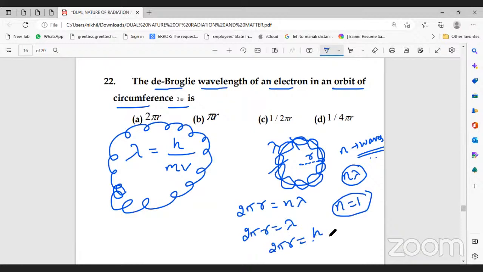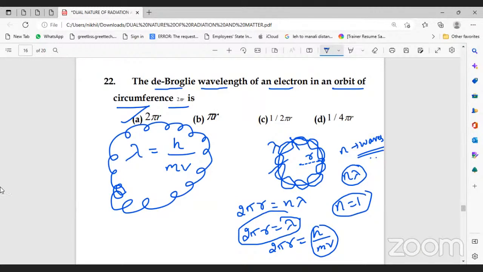So what is lambda? h divided by mv, because you know that lambda is h by mv. So lambda is equal to what? Circumference, so it should be 2 pi r.